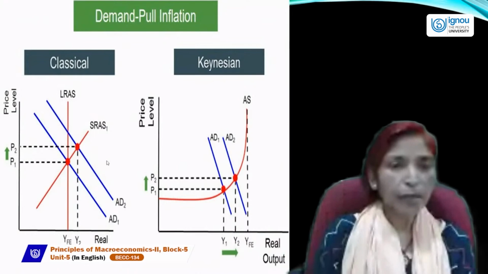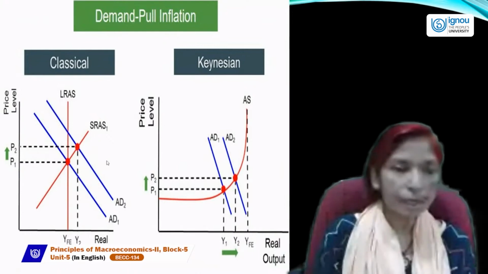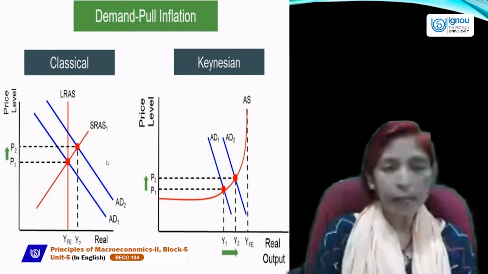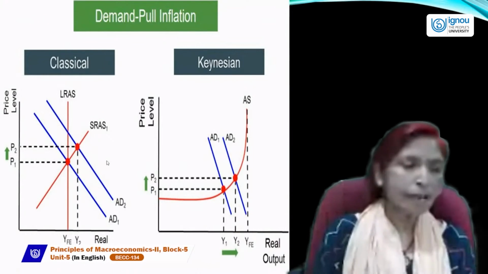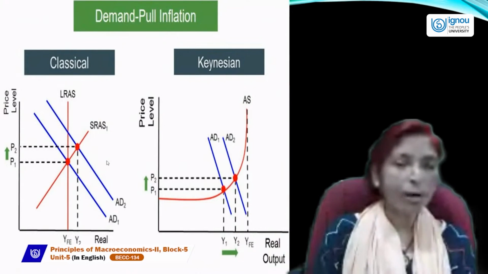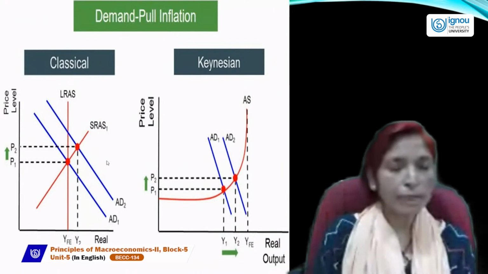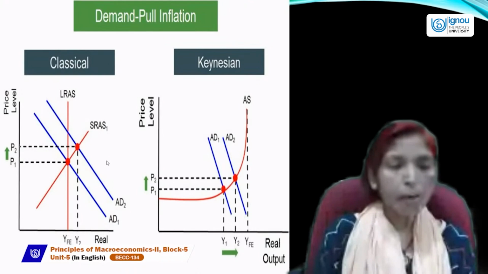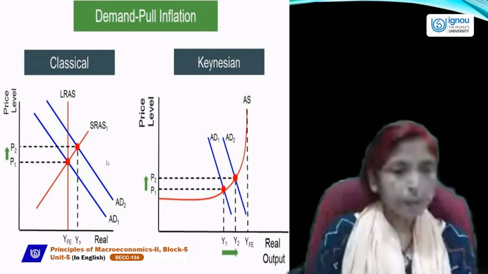Because the full employment concept was introduced by classical economics, and classical said that this is a very simple phenomenon and it can be achieved very easily, and at the level of full employment no one will increase output, income and employment can't increase, only price level will increase. That's why the long run aggregate supply curve according to the classical approach is always vertical or parallel to the y-axis.